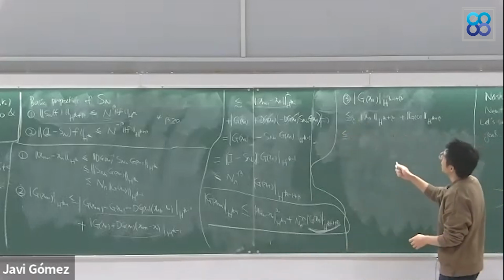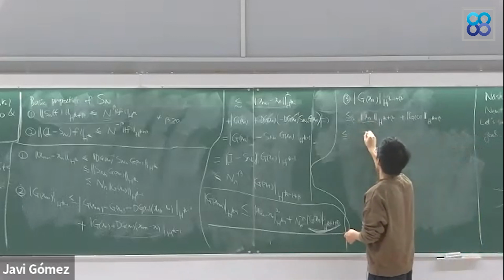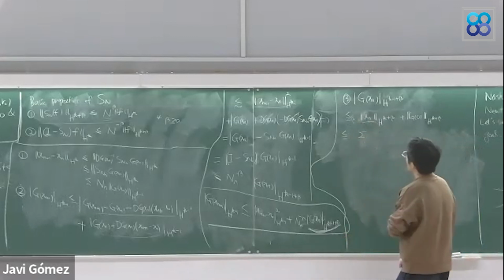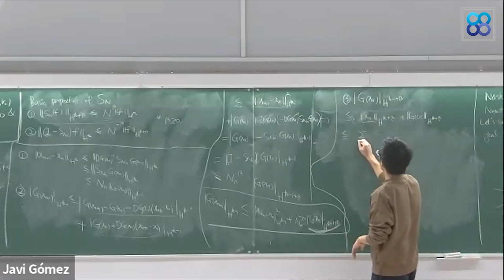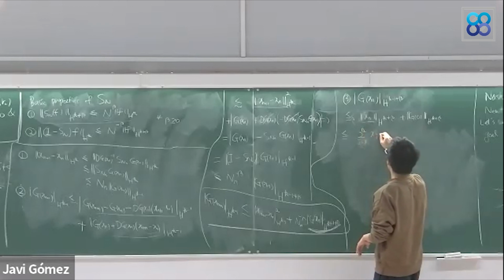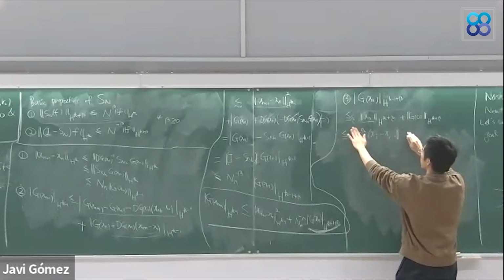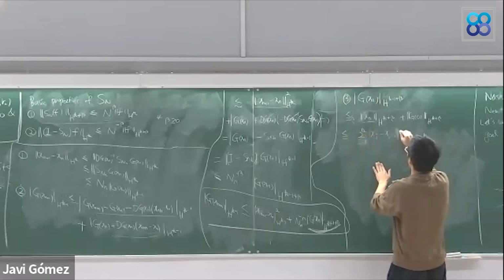And now this x_n can be written as a summation over j from 1 to n of x_j minus x_(j-1). We take the norm of this whole thing, and that is certainly bounded by the sum of the norms.